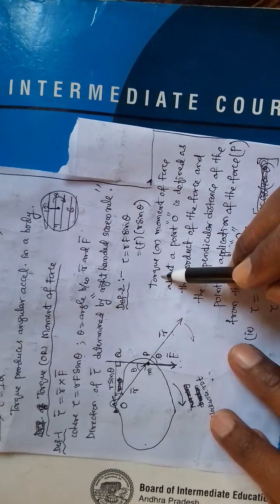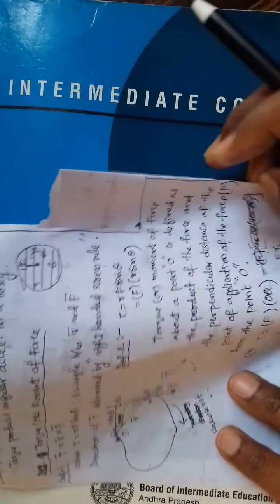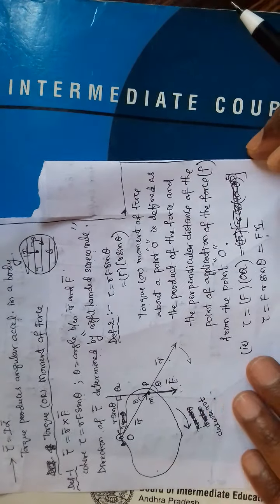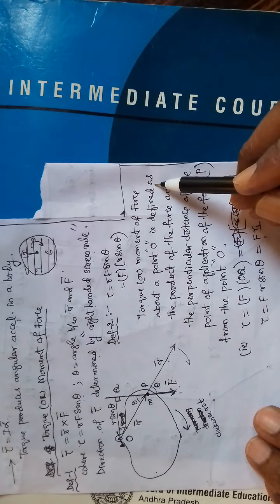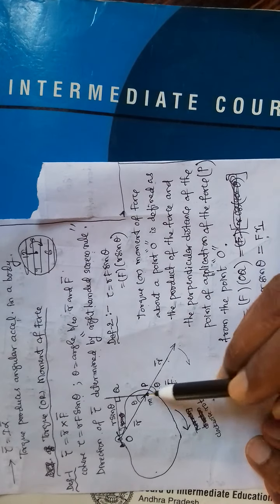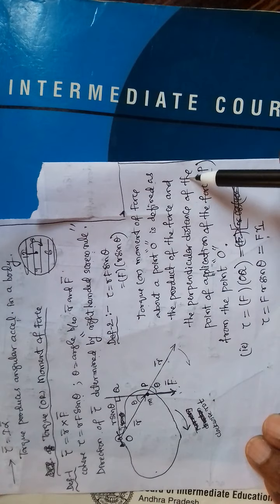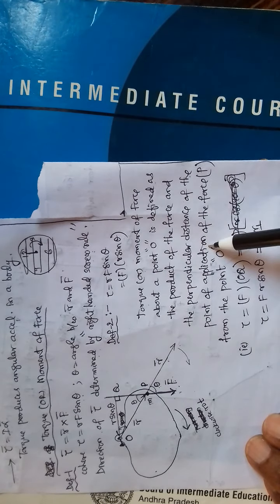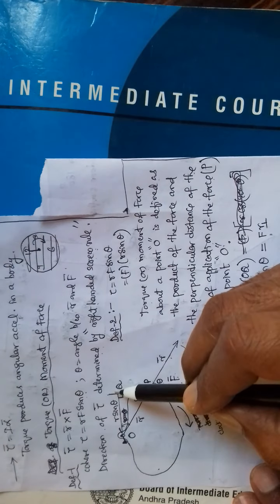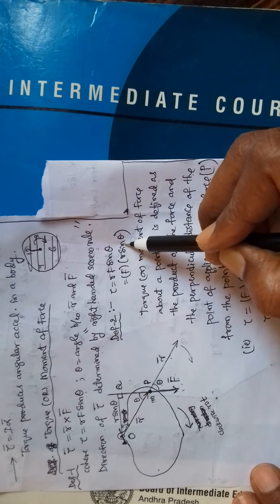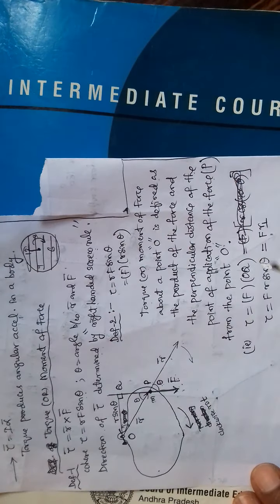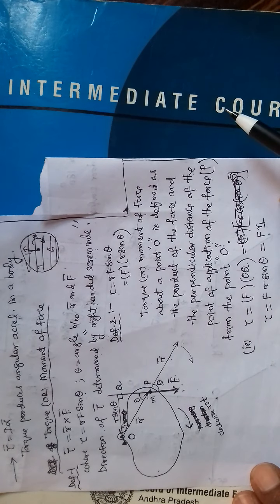So torque or moment of force about a point O is defined as the product of the force and the perpendicular distance of the point of application of the force from the point O. So force into perpendicular distance gives torque. In this way also we define.